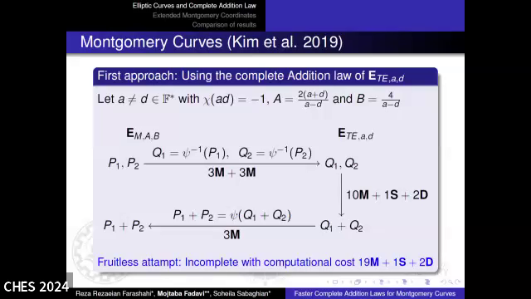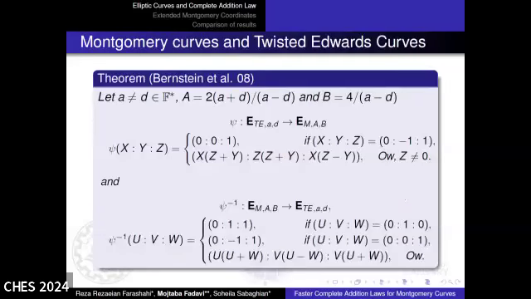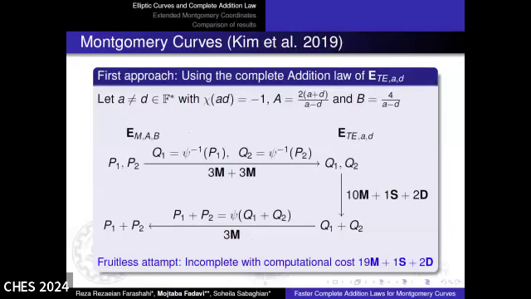When we check this addition law, we found that it is not complete because of the exceptional points that we have in these maps. So we tried to find a map between Montgomery curves and twisted Edwards curves in such a way that we don't have any exceptional points, and we don't have any extra computations.